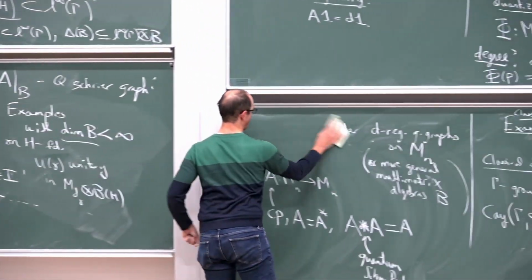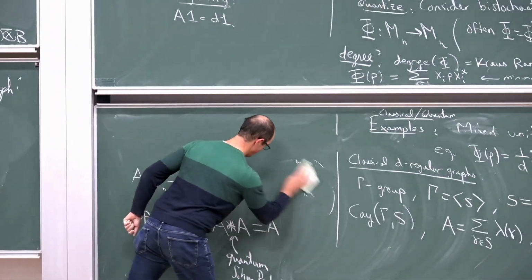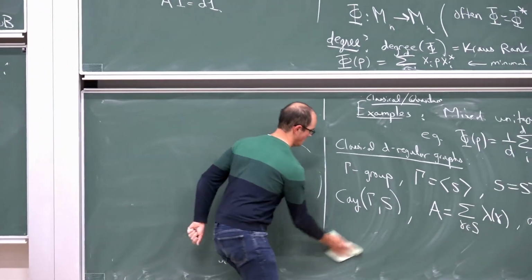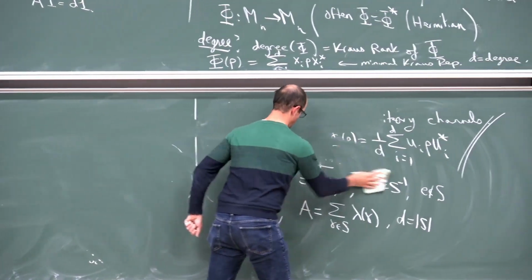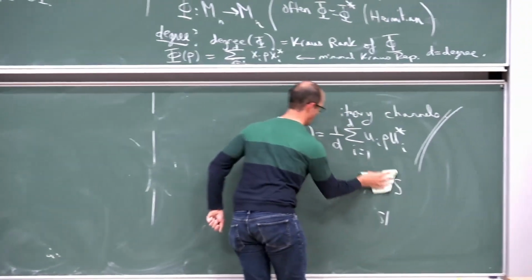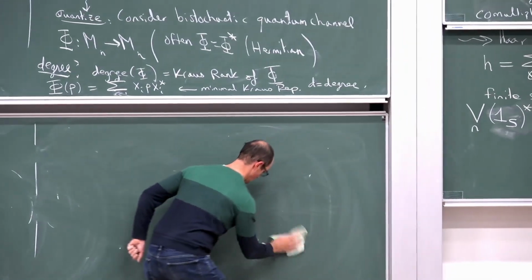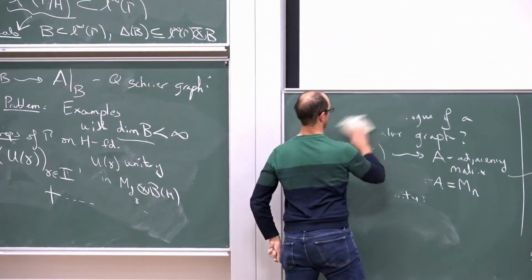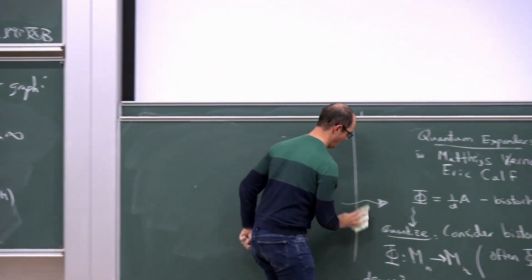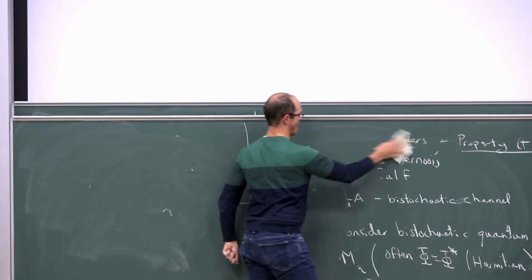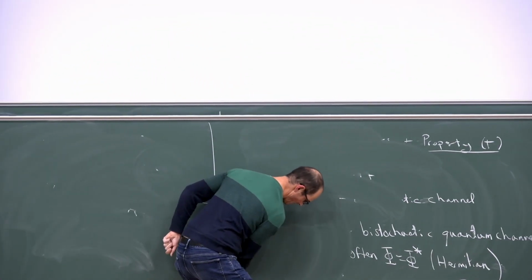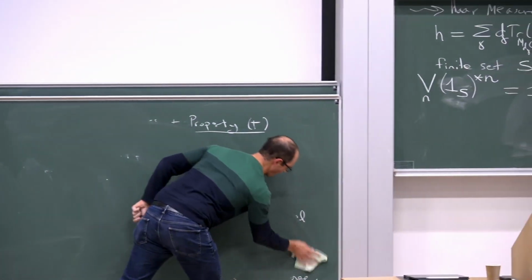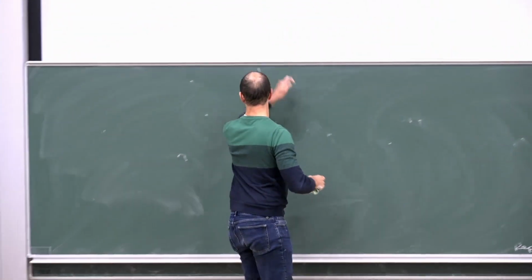So again, I'm going to think about my quantum group as being finitely generated. We've got this generating set, and you can get a random unitary channel, well, a random unitary-like channel. It won't be random unitary in general, by doing the following.